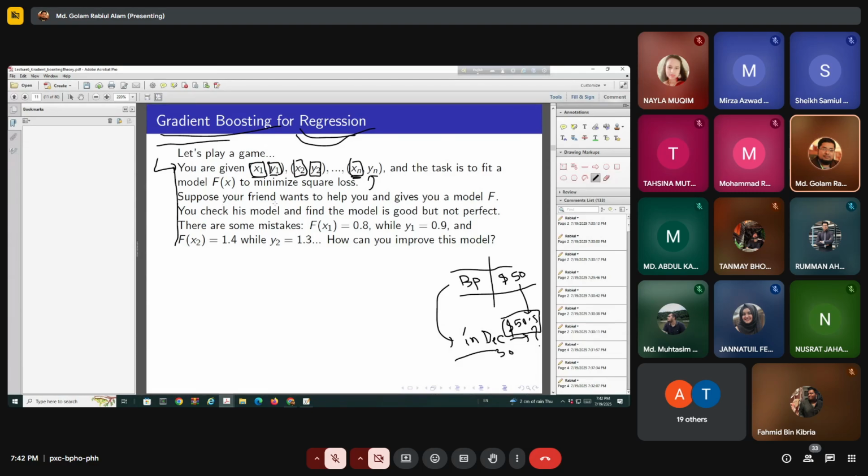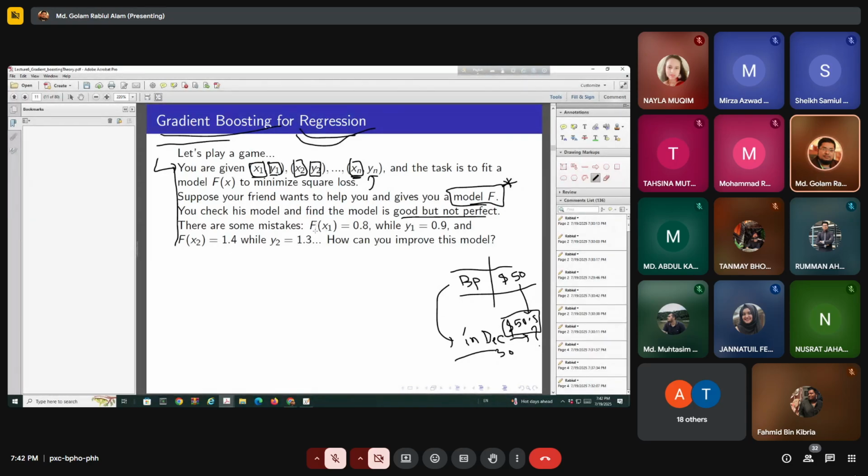Now, suppose your friend wants to help you by giving you a model, F. This model F can predict the value. But you check this model and find the model is good but not perfect. So there are some mistakes.